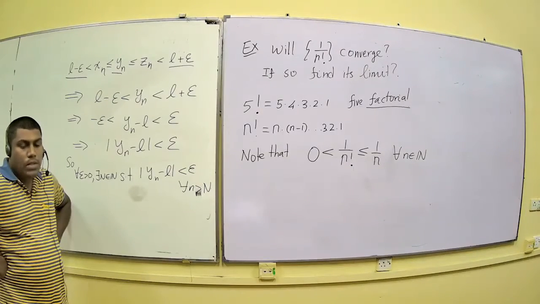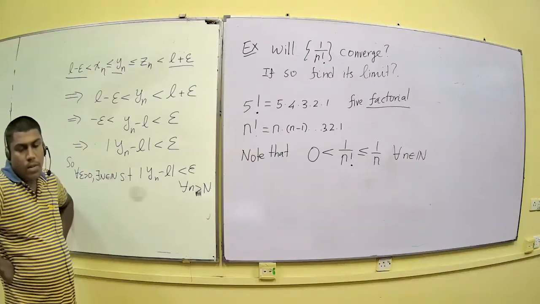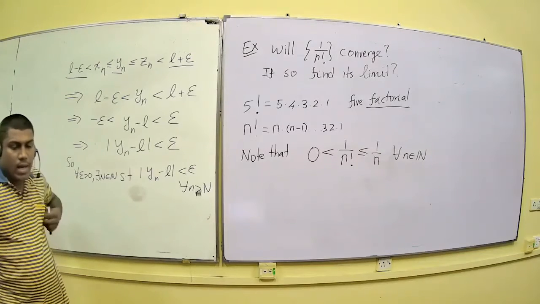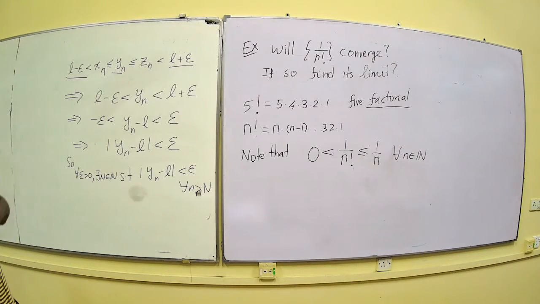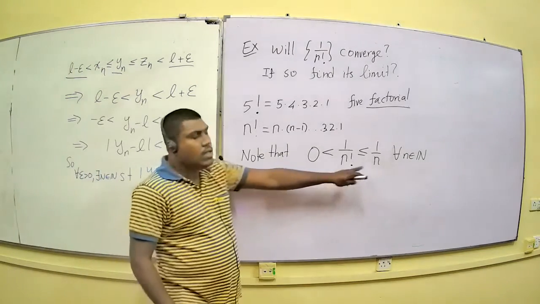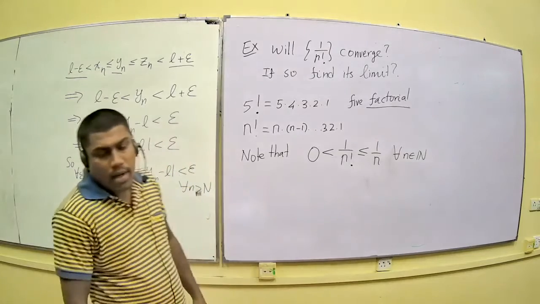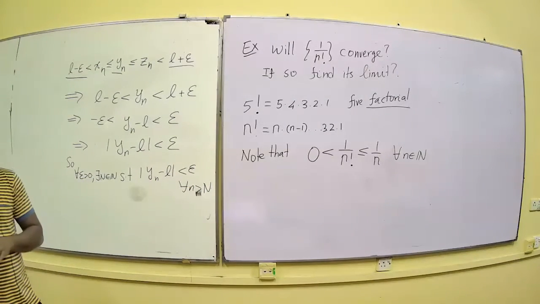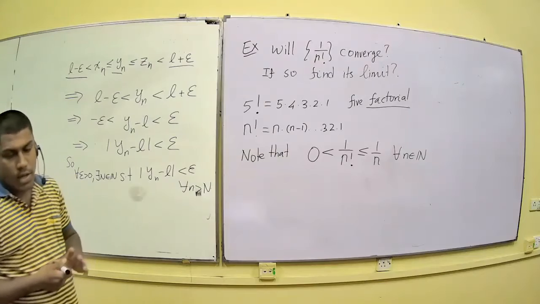If n is 3, that is 1 upon 6, while the other one is 1 upon 3, so 1 upon 3 is bigger. So you can easily check that 1 upon n factorial is smaller or equal to 1 upon n for all n. This is a result you can write using your very basic mathematical knowledge about numbers, especially natural numbers.